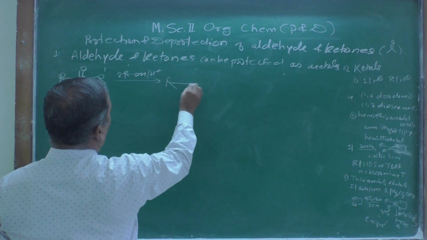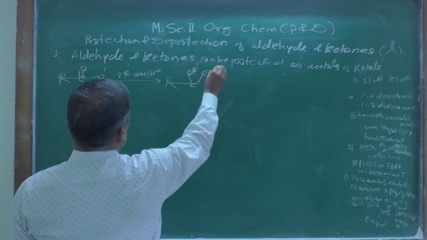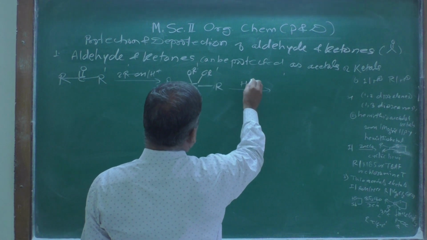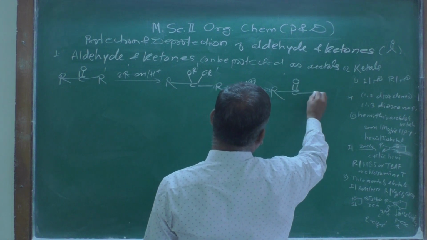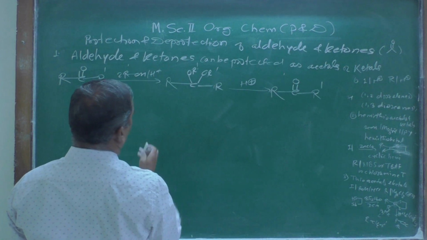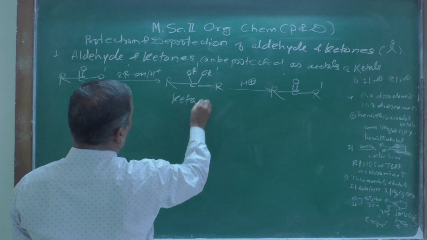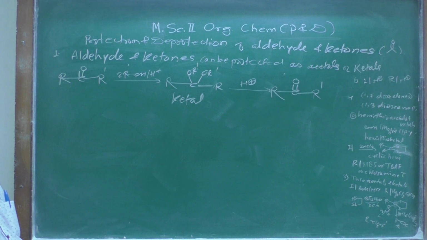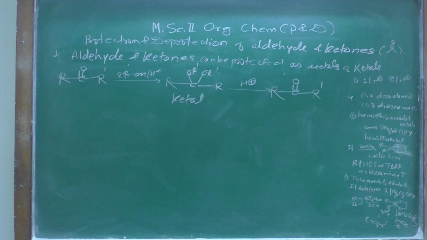You are going to get R C O R double dash O R double dash and this R dash, and if you treat with acid, you will be getting R C double bond O R dash, and this is known as ketal. This is known as a ketal formation, right? This is a ketal formation. First one is a hemiketal formation, and then ketal formation.